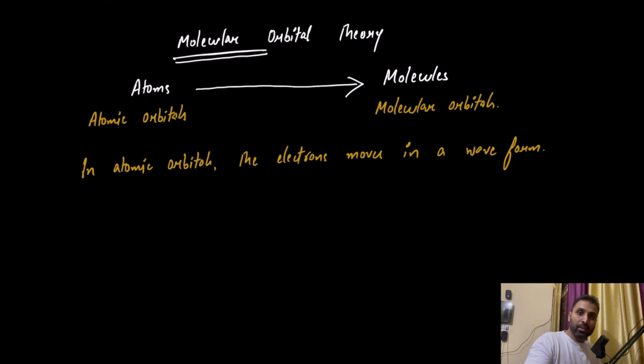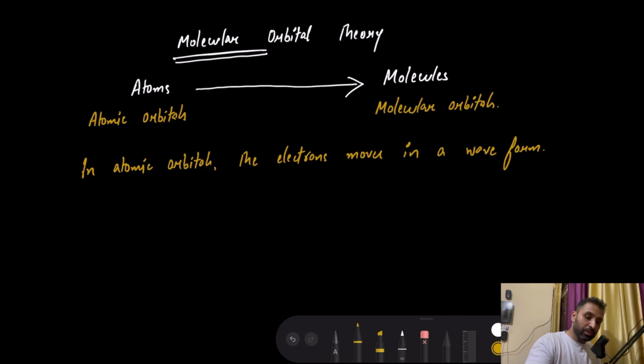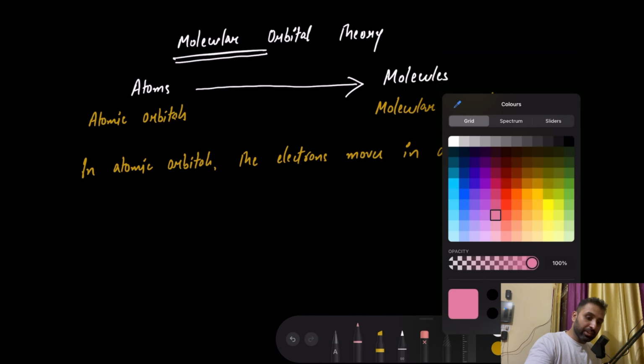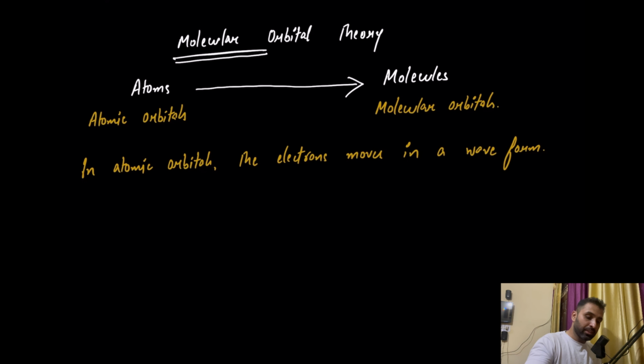That means when two atomic orbitals intermix with each other, there will be the addition of the waves of two electrons. The addition of waves of two electrons will be understood by the topic called interference, and we are going to deal with it in detail.